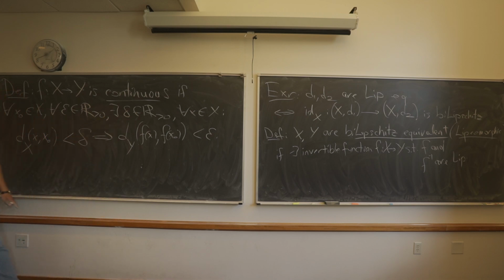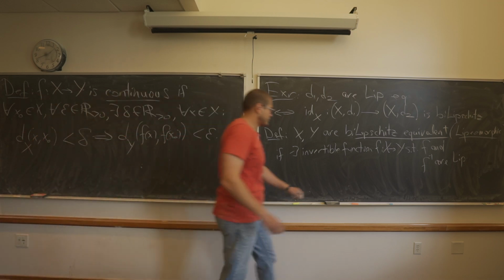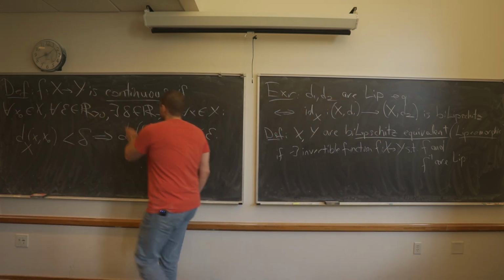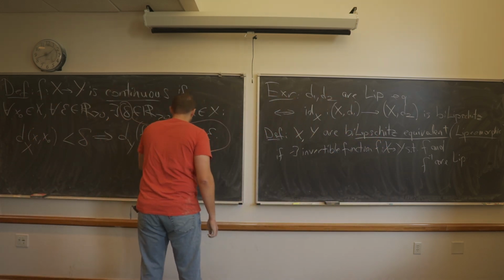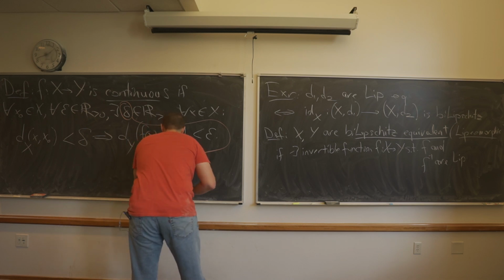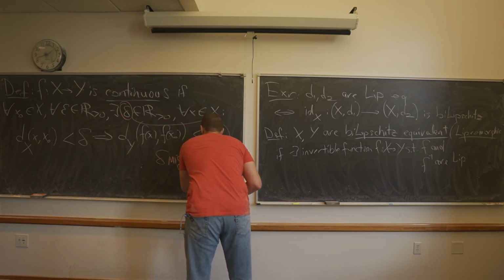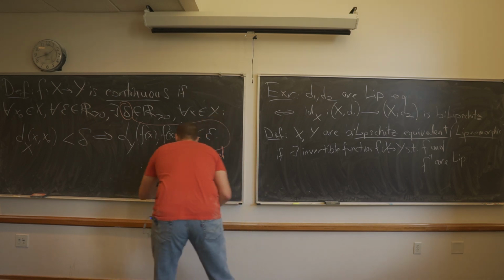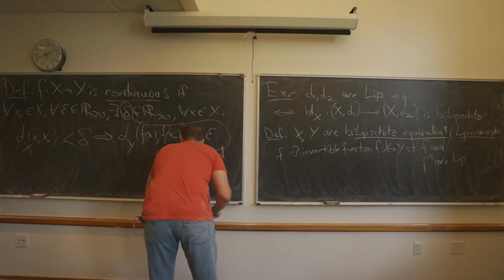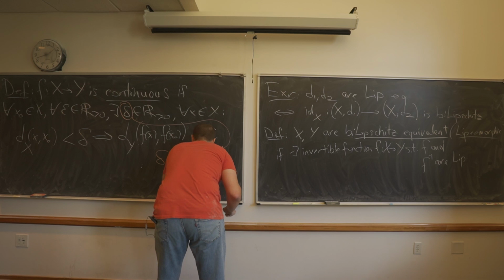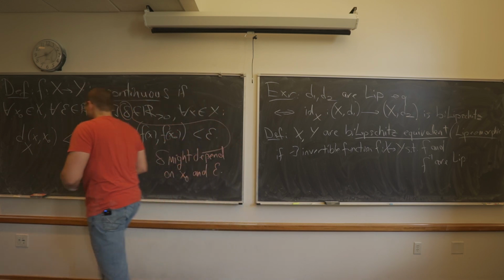When you say that, you're really saying that this delta might possibly depend on epsilon, and it might depend on x0. So let me write it like that: delta might depend on x0 and epsilon.